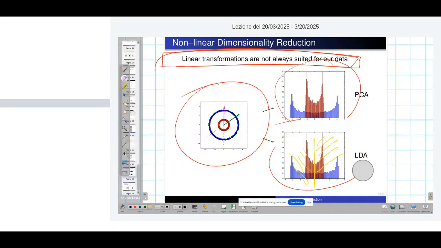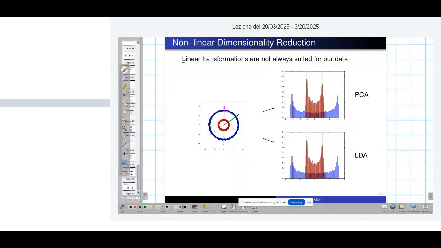Of course, we may devise different approaches, like saying whatever is outside of a range is blue and inside is red. But that's not a linear classifier, and it's not a linear method anymore. So sometimes linear models and linear methods are not enough.